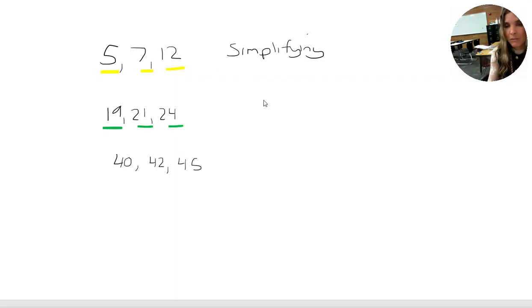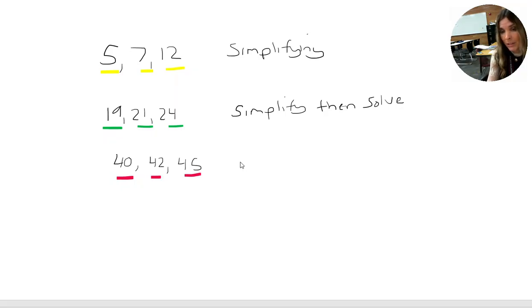Okay. Problems number 19, 21, and 24. For those ones, you are going to simplify first. Okay, so you're going to distribute, combine like terms. Then you are going to solve. Okay, and on questions number 40, 42, and 45, there are going to be 2 distributions.